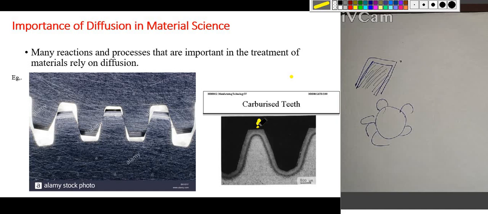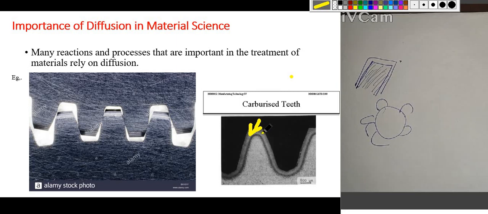Then how can we introduce this carbon into the surface? This is an iron material gear, so we need to introduce carbon into the surface. Here we use the diffusion process. By using the diffusion process, we can introduce carbon into the surface.